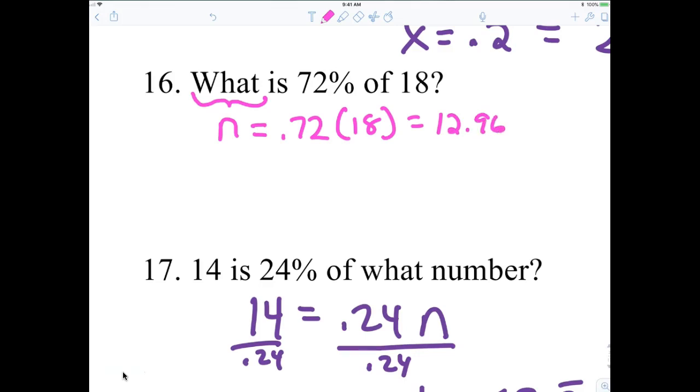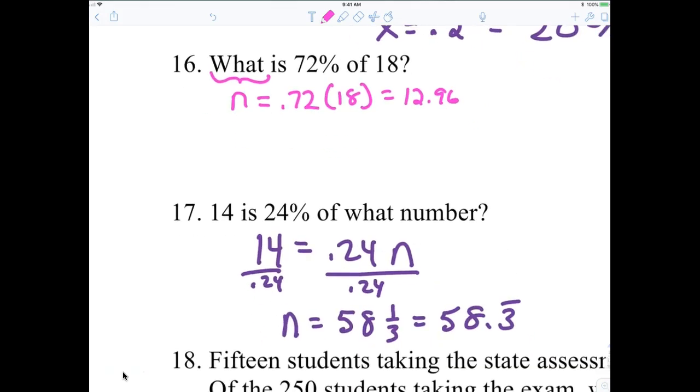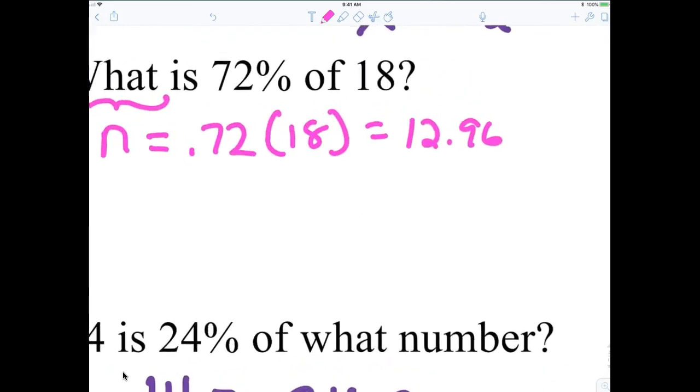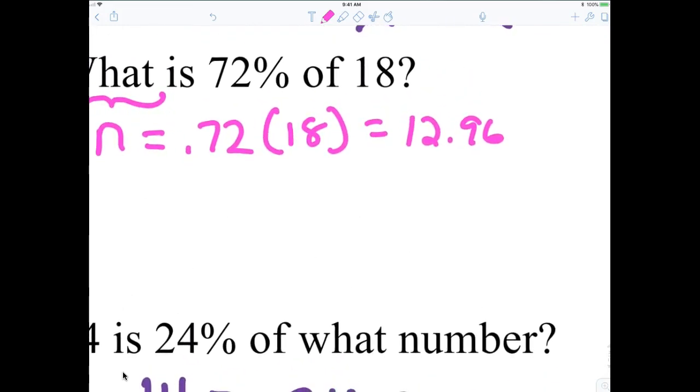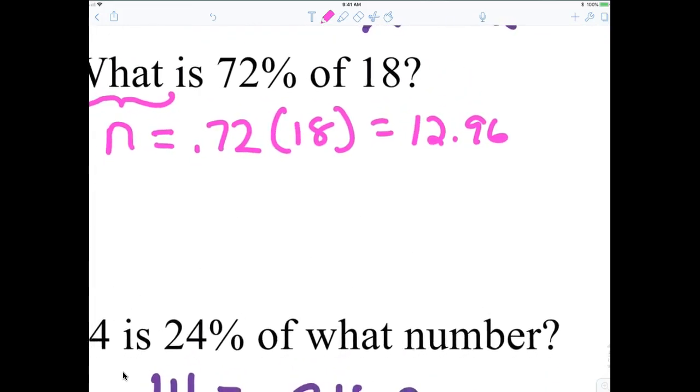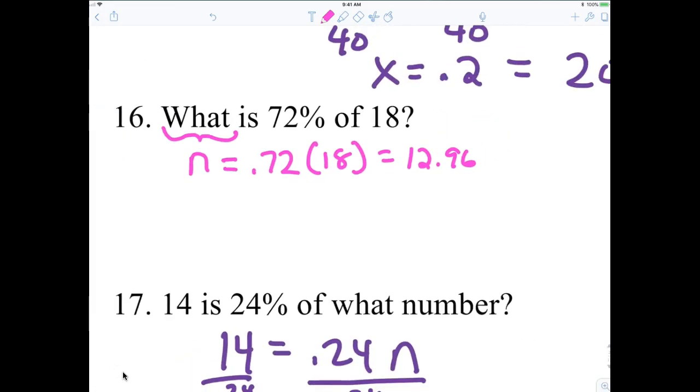Exactly. Is it asking for a percent? You see what I mean? That's a very good question. At first I forgot to put points into it. That's exactly right. You always have to go back to the question: are they asking for a percent or not?